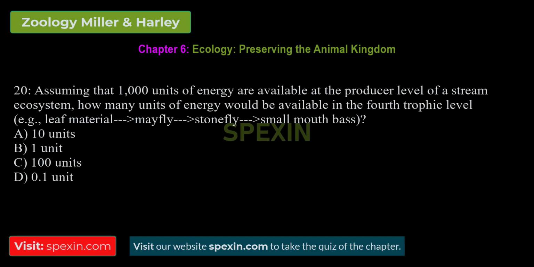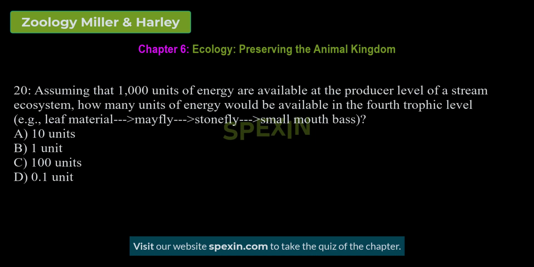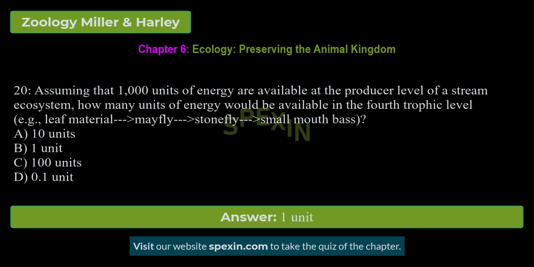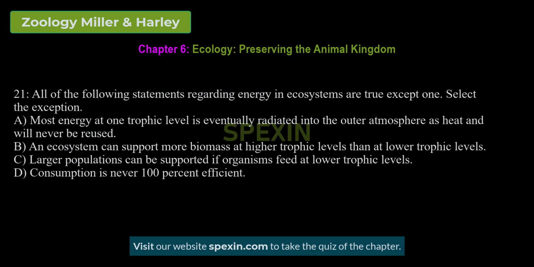Assuming that 1,000 units of energy are available at the producer level of a stream ecosystem, how many units of energy would be available in the fourth trophic level? 10 units, 1 unit, 100 units, 0.1 unit. Correct answer: 1 unit. All of the following statements regarding energy in ecosystems are true except one. Select the exception.